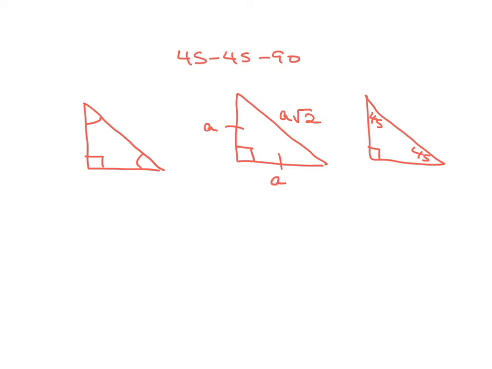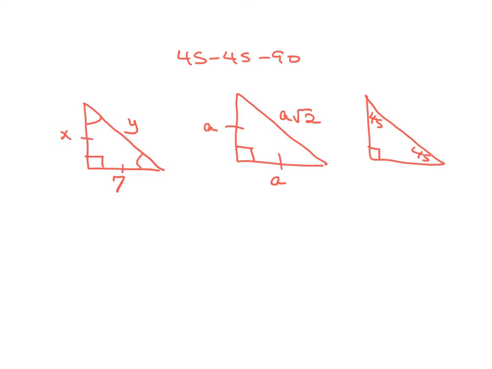So let's try some examples. So let's say this time I told you that this side was 7. How much will this side be and this side? How much is x in my 45, 45, 90? These sides are congruent.